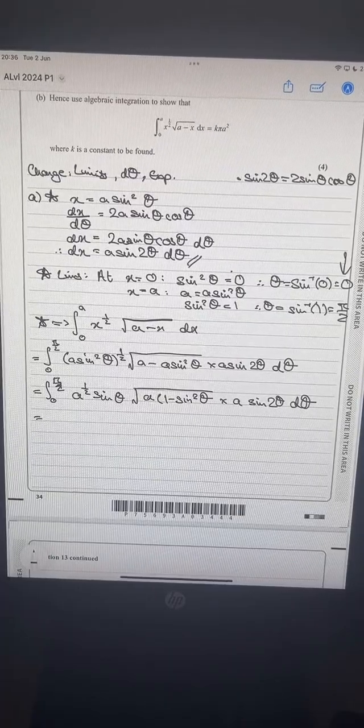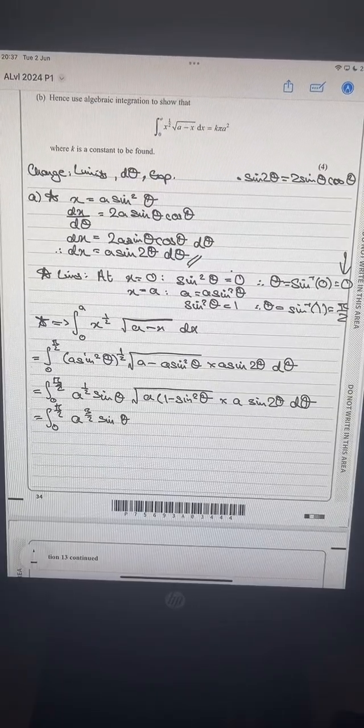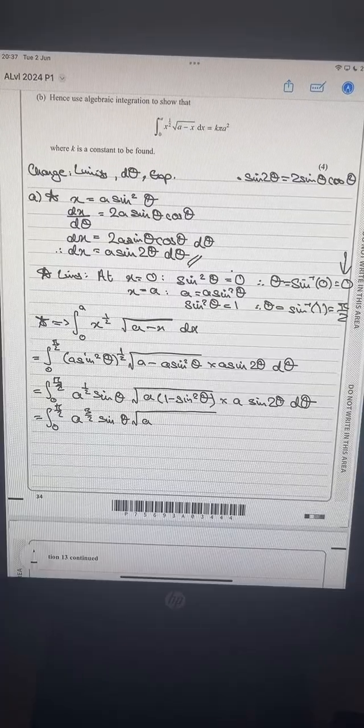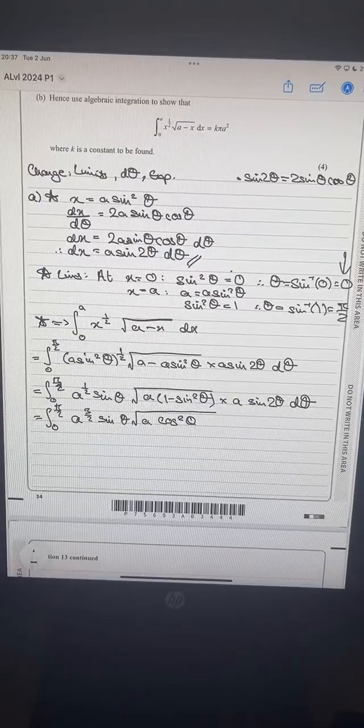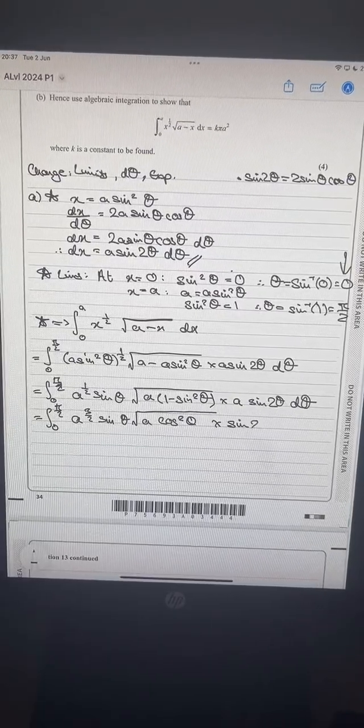And now I'm going to do a to the half times by a over there. So then that's 0 to pi by 2. So that's a to the 3 over 2 sine theta, square root of a, and then 1 minus sine squared theta. We should know from our basic trig identities is cos squared theta, which is very nice because that is a squared thing and I'm square rooting it, so I'm happy now, times by sine of 2 theta d theta.